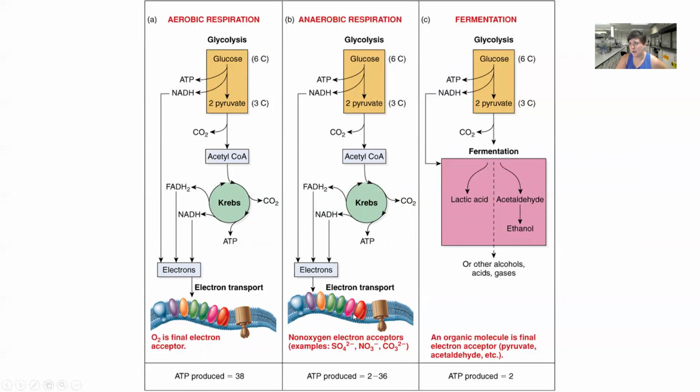The only difference here is that instead of using oxygen as a final electron acceptor, you're using something else. Anything else? And then you can see that a huge difference is fermentation. Fermentation is only glycolysis. Glycolysis does not require oxygen because you're not releasing any carbons. So fermentation does not require oxygen. It is an anaerobic process.